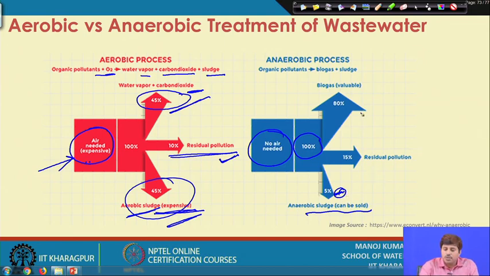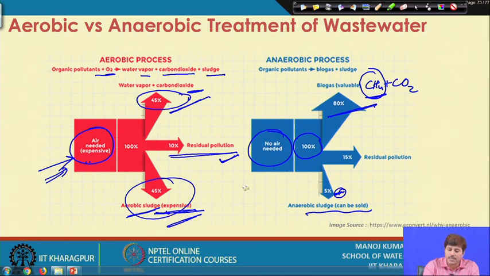The majority of the organic matter coming into the system is converted to biogas. As we were discussing, biogas is basically CH4 plus CO2, out of which 60% is CH4, which is a useful fuel, a form of energy, if we can trap it. So, in the aerobic system we are supplying energy and producing carbon dioxide and biomass.